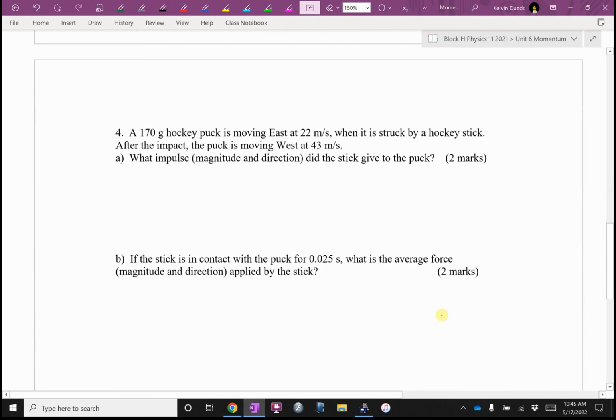What impulse? Okay, now I saw east and west. I decided to let east be positive and west be negative. That made sense to me. So it's still going to be mv final minus mv initial. And I also crossed out the 170 and I said, nice try, 0.170 kilograms.